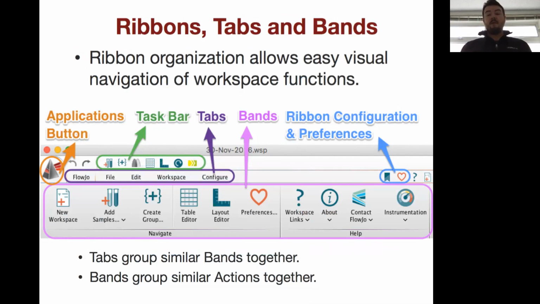In the taskbar, you have some of the most commonly used tools, sort of generic tools within the software, such as add samples, create a group, hotkey for the compensation wizard, the table editor, layout editor, and the recalculate button. We've recently added functionality that connects FlowJo directly to another product, FlowJo Envoy, and the documentation for that is accessible through the button top right-hand side of the taskbar.